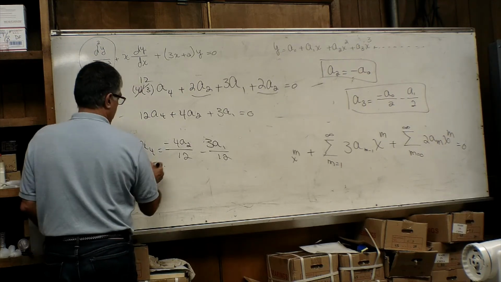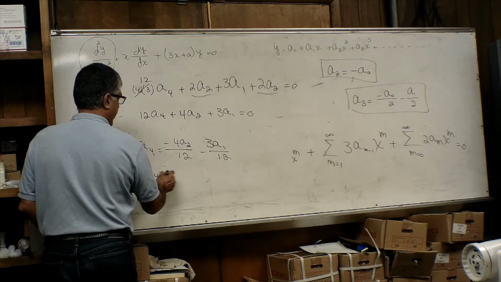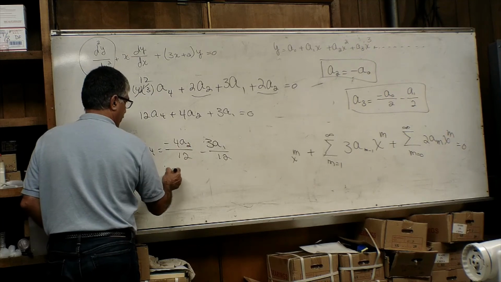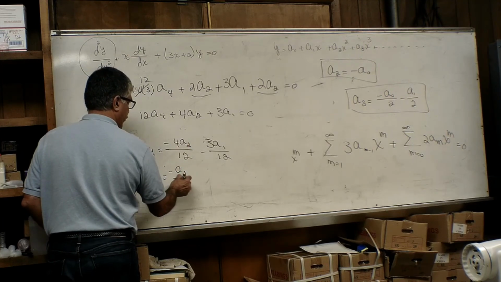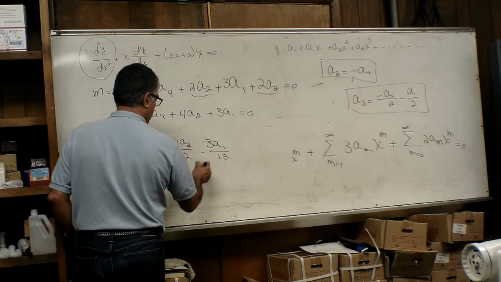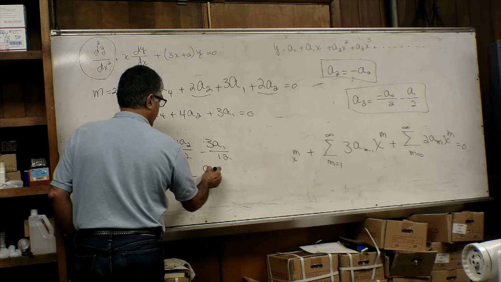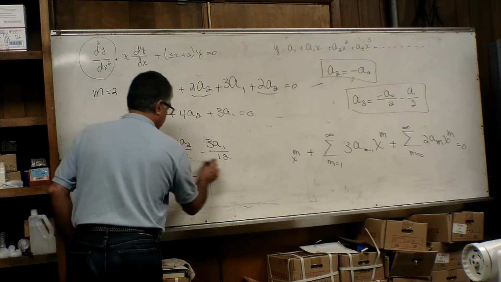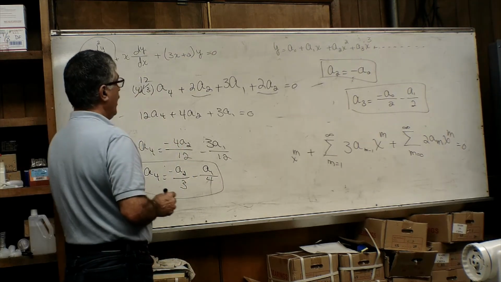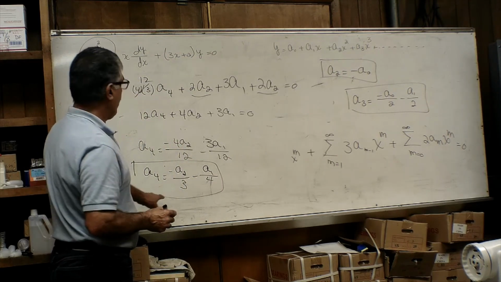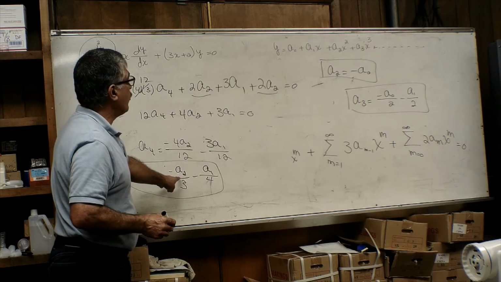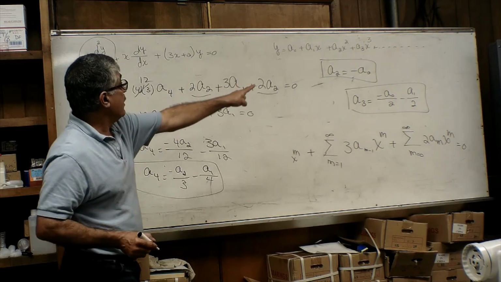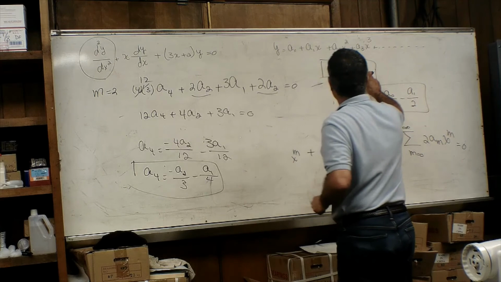So A4 will be equal to minus A2 divided by 3 minus A1 divided by 4. So this is the value of A4. And we already have the value for A2, which is minus A0.